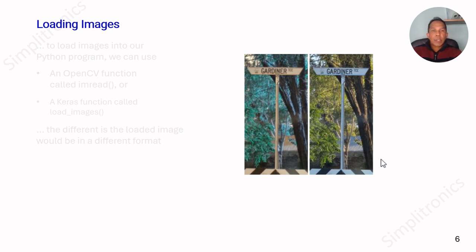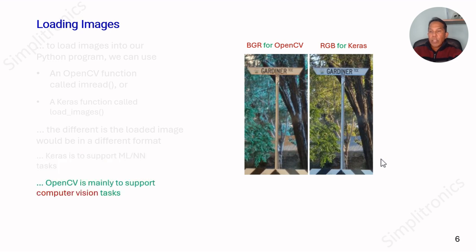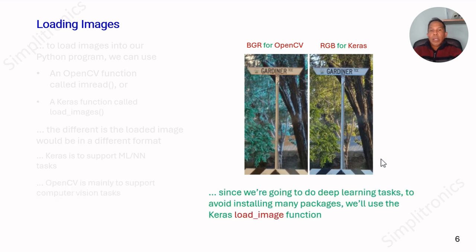On the right side, the loaded image will be in RGB format for Keras. Keras is to support machine learning or neural network tasks. OpenCV is mainly to support computer vision tasks. Since we are going to do deep learning tasks, to avoid installing many packages, we'll use the Keras load image function.